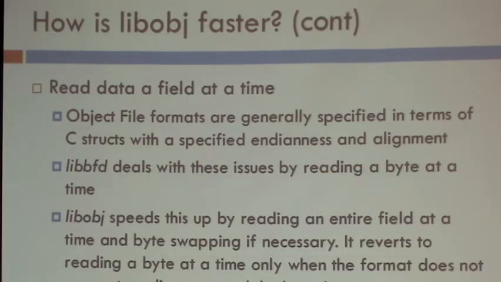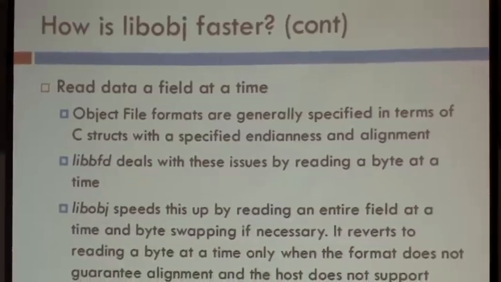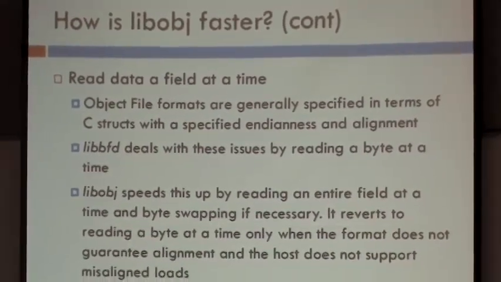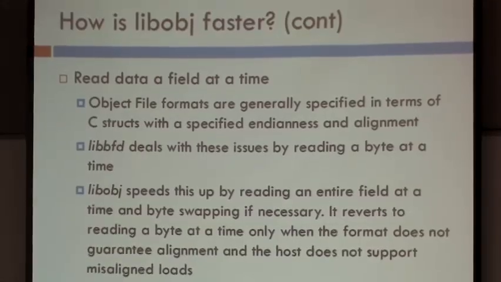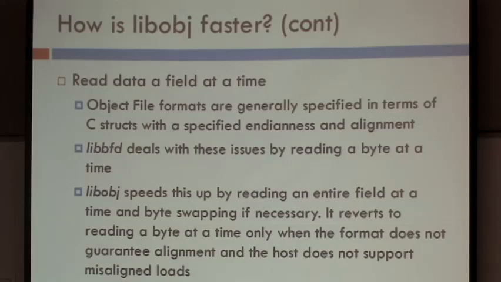And the second is reading data a field at a time. Object file formats are generally specified in terms of C structs. And they generally specify alignment. However, some are kind of vague on that, and you have to reverse engineer it. So libbfd does this apparently by providing a callback and reading a byte at a time. So you have essentially a virtual function call, and you're reading a byte at a time.